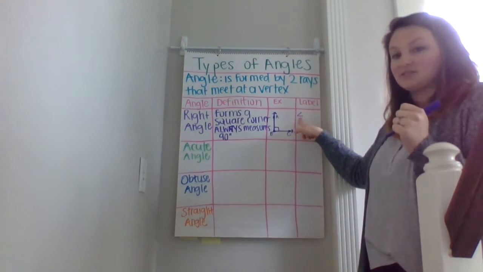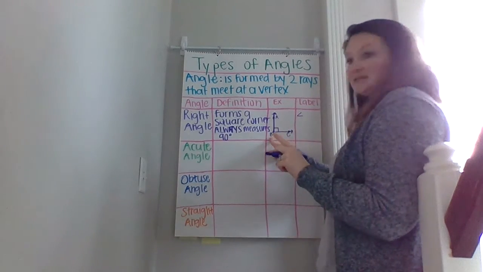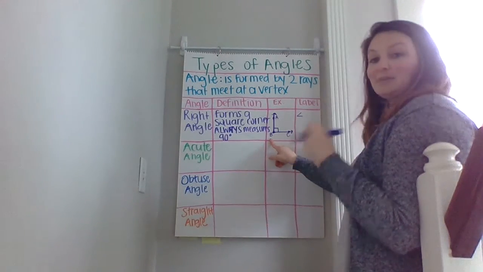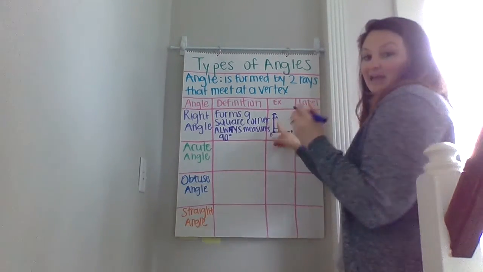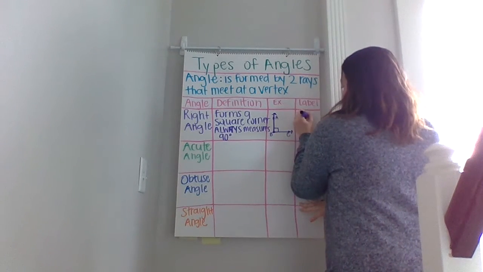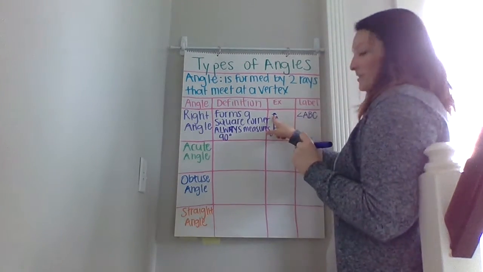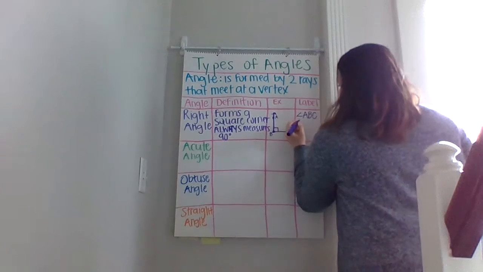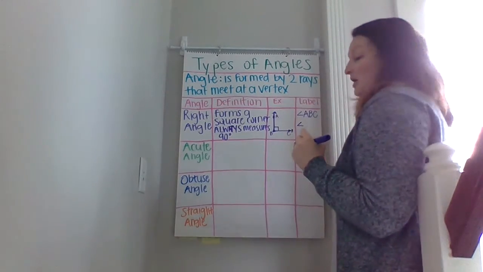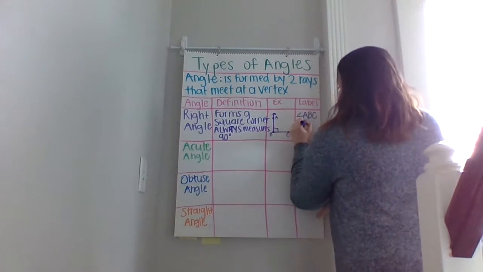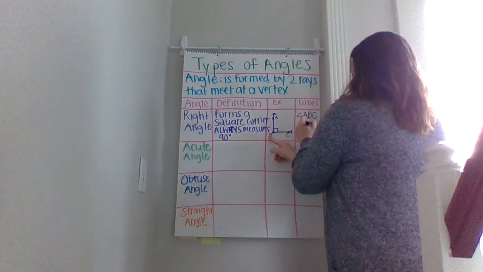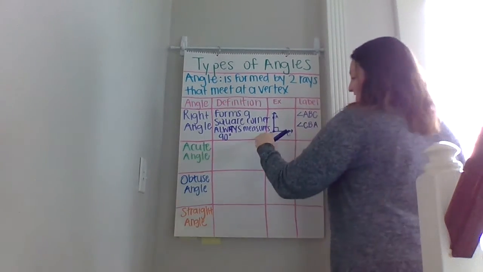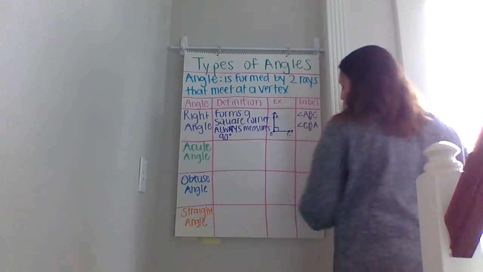So that stands for angle, and my vertex point, the endpoint that they share, is always my middle letter. So I could label this 2 different ways. I could start with A and label this angle ABC. So I start with A, go to my vertex, and then go to the other point, C. Or I could label it starting with C, going to my vertex, B, A. The most important part is that my vertex is the middle letter, okay?